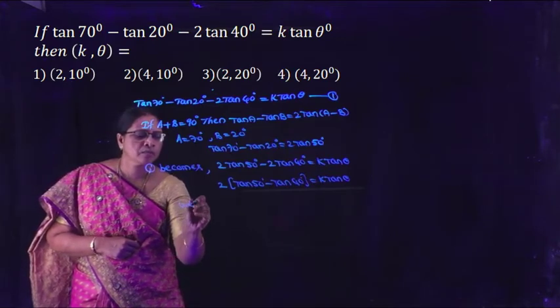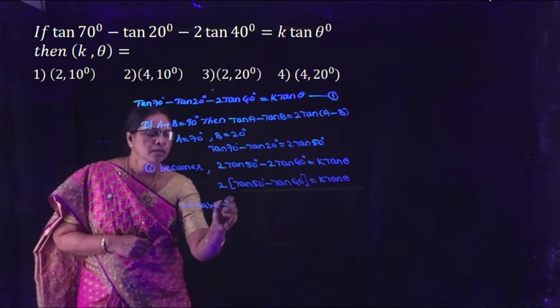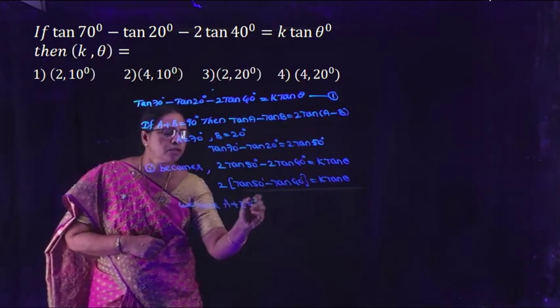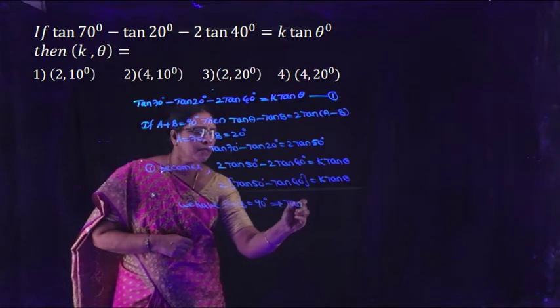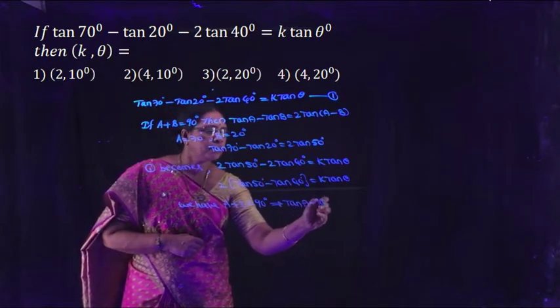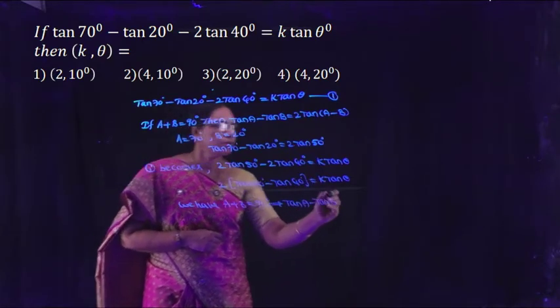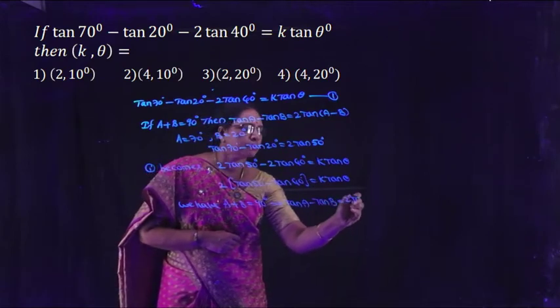Here we have a plus b is equal to 90 degrees. Then tan a minus tan b is equal to 2 tan a minus b.